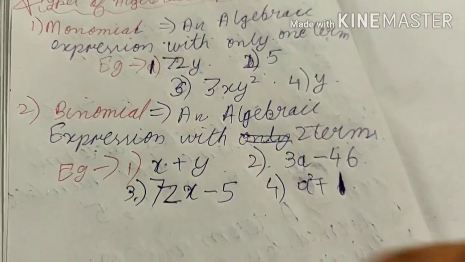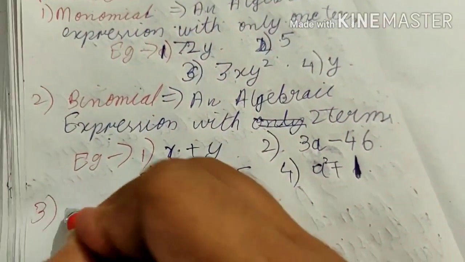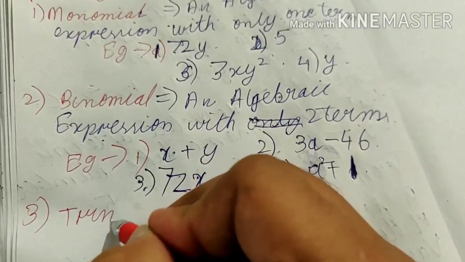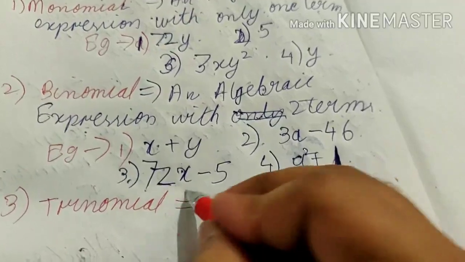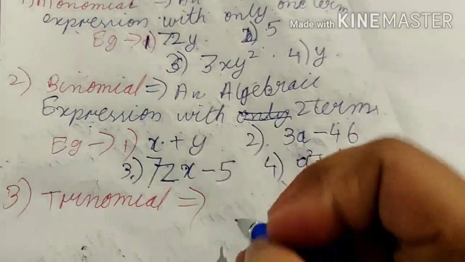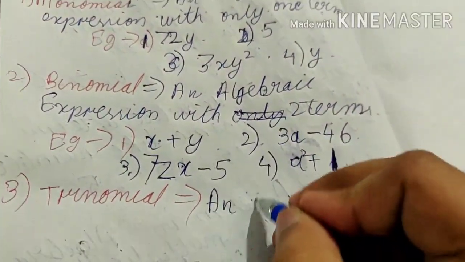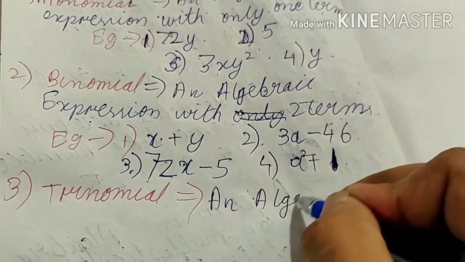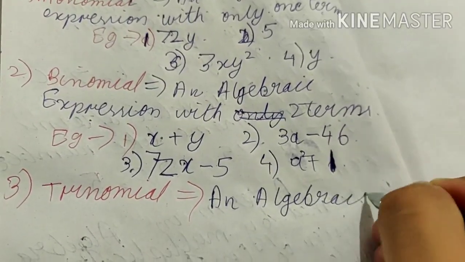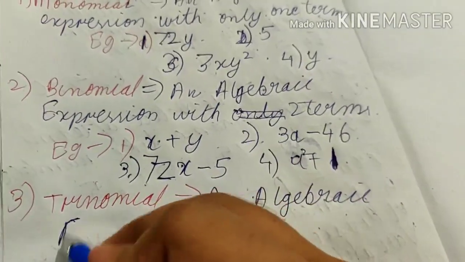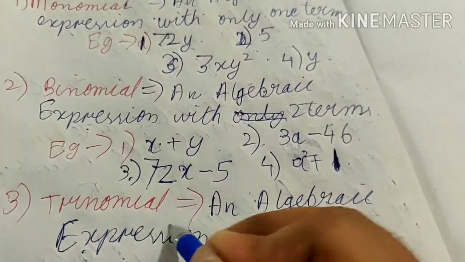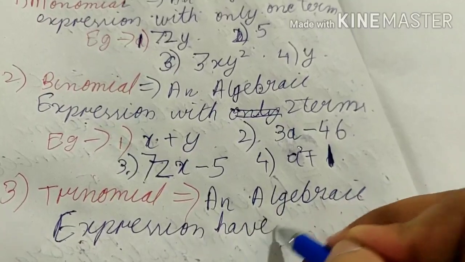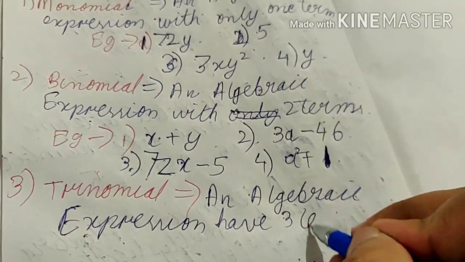Okay, so our third type is trinomial. What is trinomial? An algebraic expression having three terms.